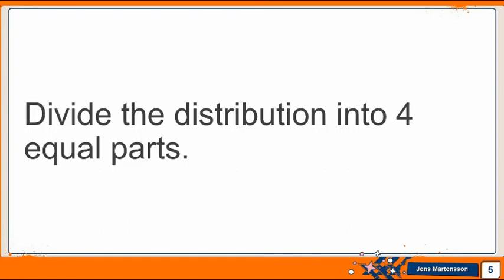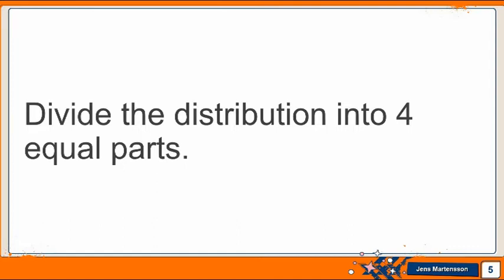From the word quarter, you can derive the word quartile. So, that's why it's named quartile, so that you can remember that if you use quartile, you are dividing the number of observations into 4 equal parts.